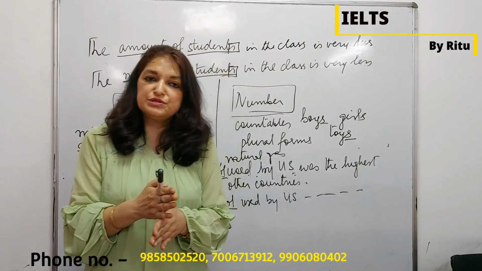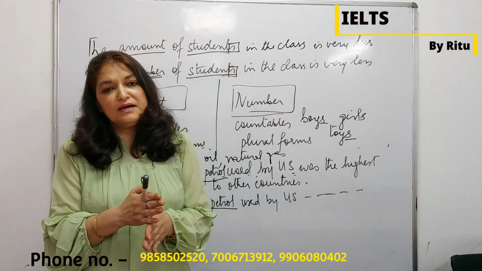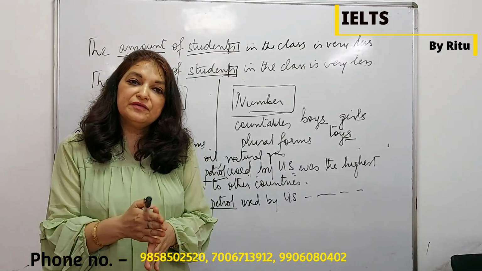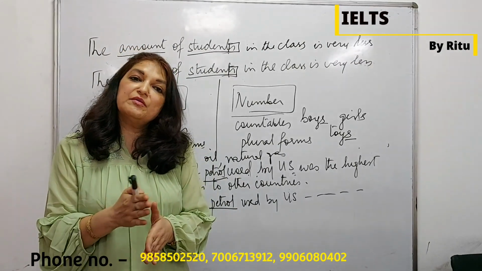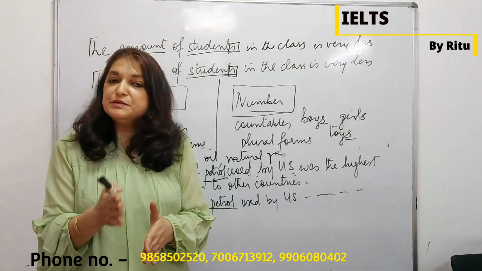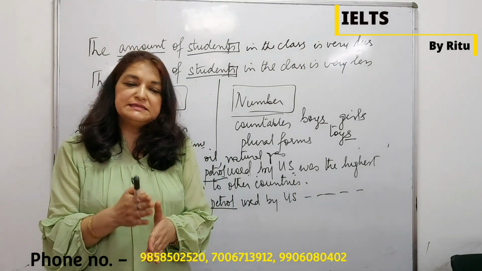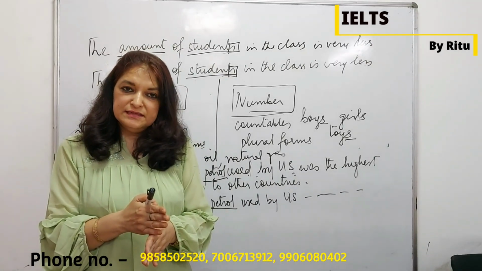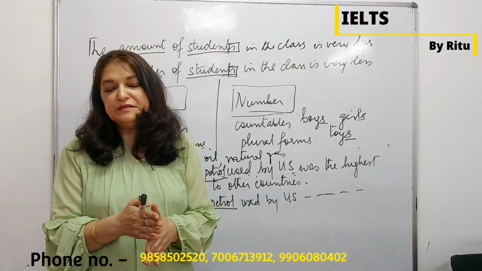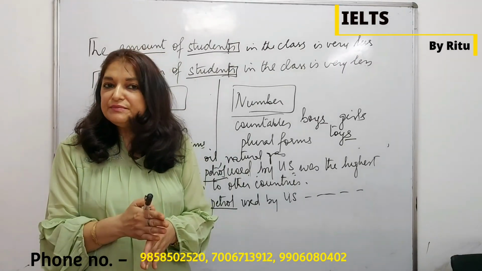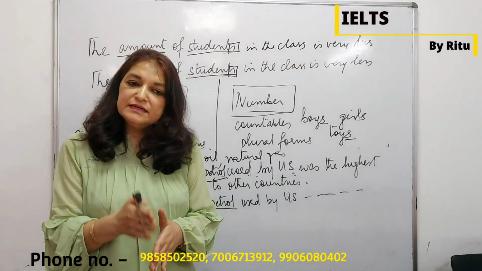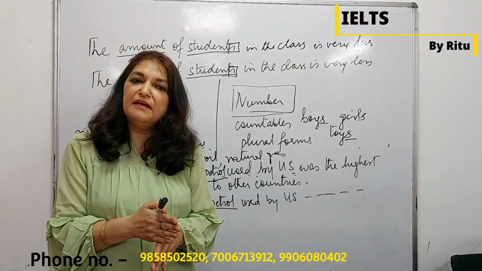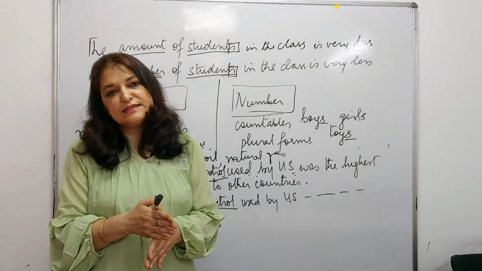One quarter of your marks in task 1 you will get for your vocab, but don't forget that your answer is also being checked for grammatical range and accuracy. So when the use of grammar is not right, it will affect your band, your score in the answer, and your grammatical range and accuracy will be badly affected. So keep this in mind, and next time keep the difference between amount and number in mind when you write your answers. That's all in this video.